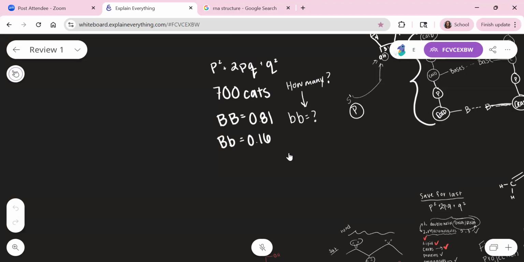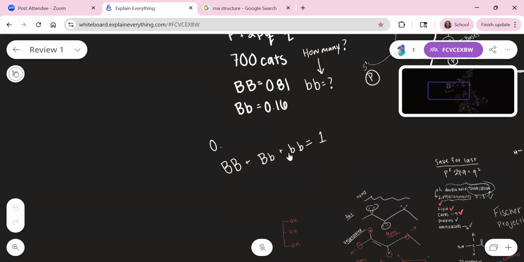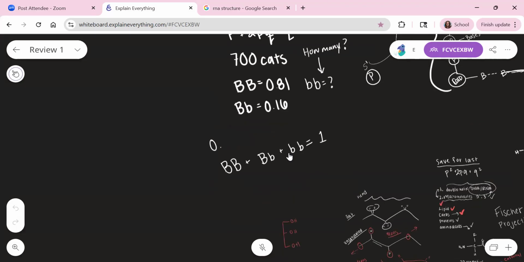Let's just add them and subtract that one. So what we'll do is BB plus big B little b is going to be equal to 1. And so we'll add these up. 0.16 plus BB equals 1.